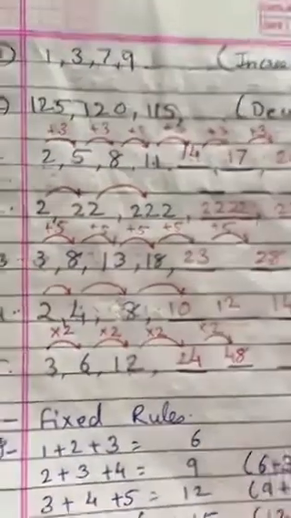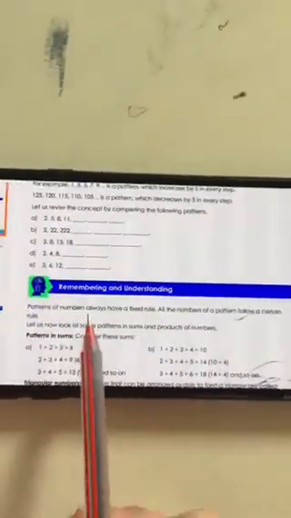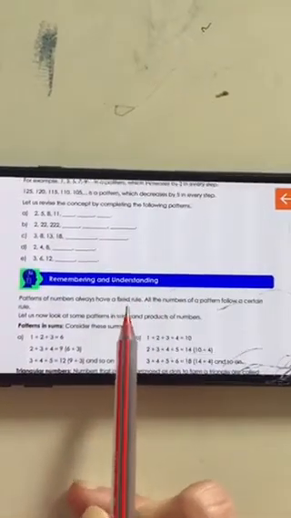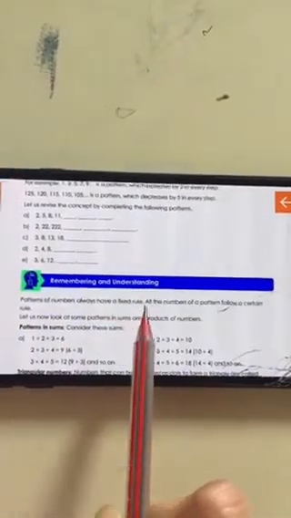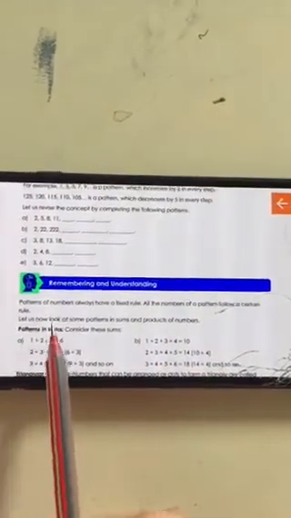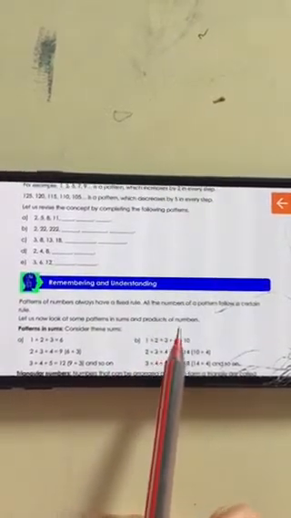So now we will be studying some rules here. Patterns of numbers always have fixed rules. All the numbers of a pattern follow a certain rule. Let us now look at some patterns in sums of numbers.